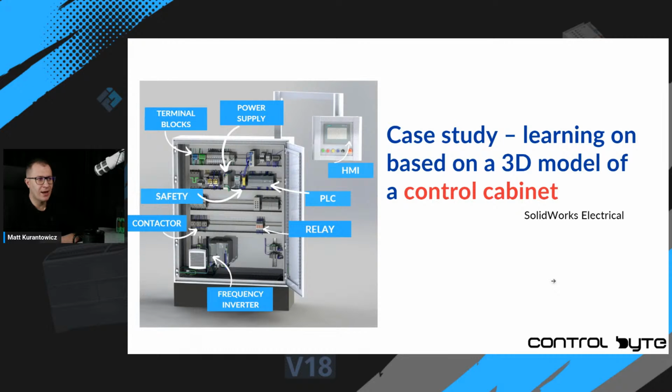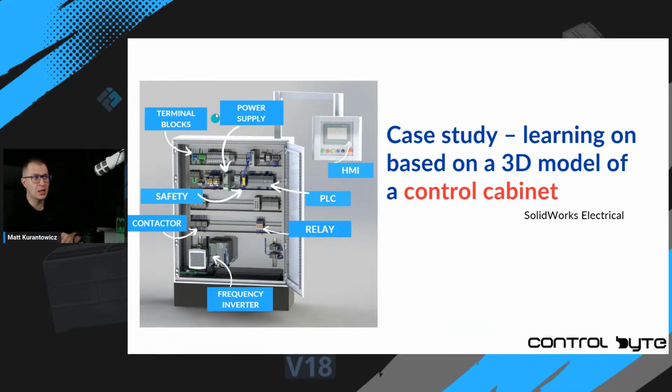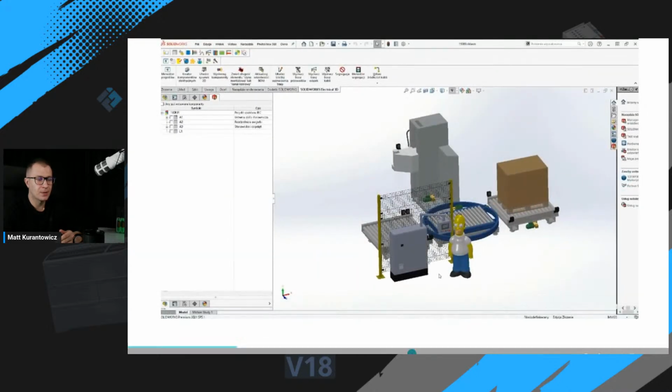Here we have the view of a sample control cabinet, and inside the control cabinet we have devices like PLC, relays, frequency inverters, contactors, safety systems, terminal blocks, and also a power supply. We teach you based on such a 3D model of a control cabinet.